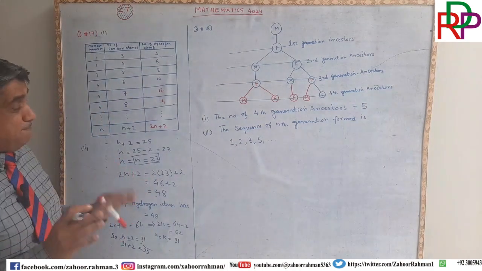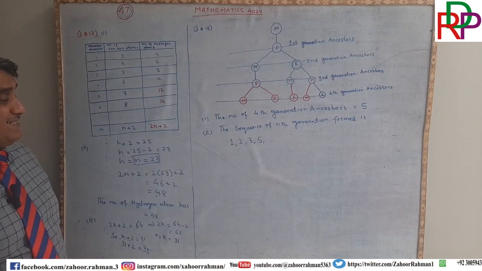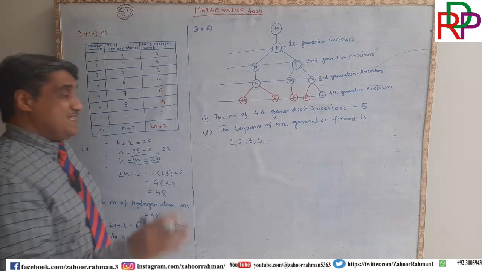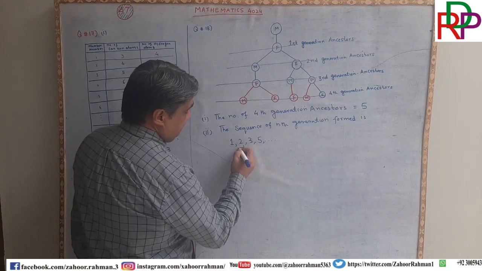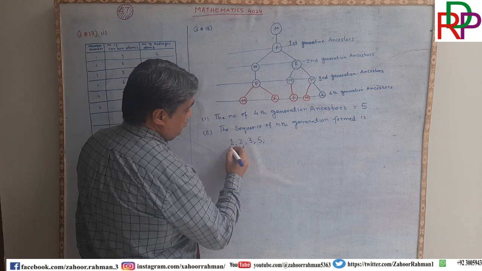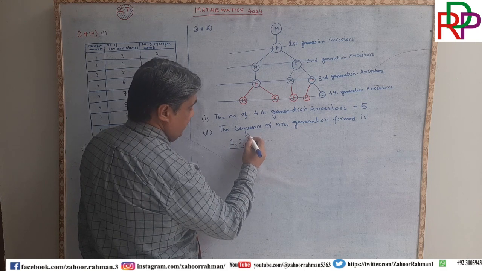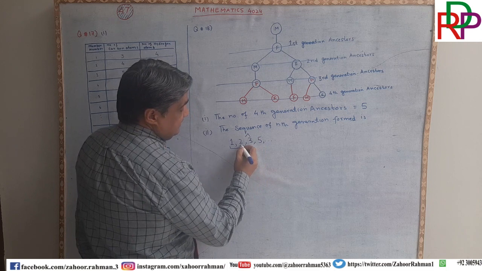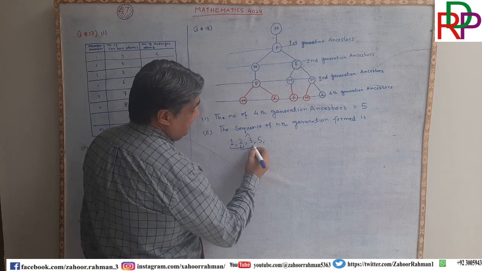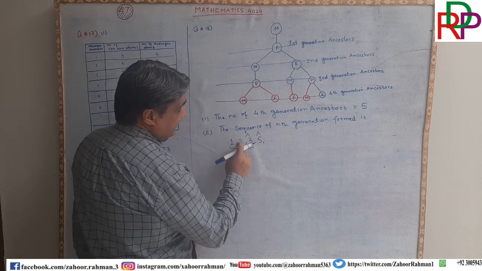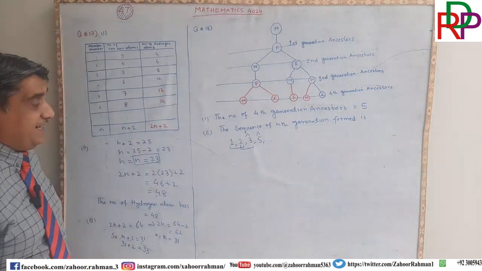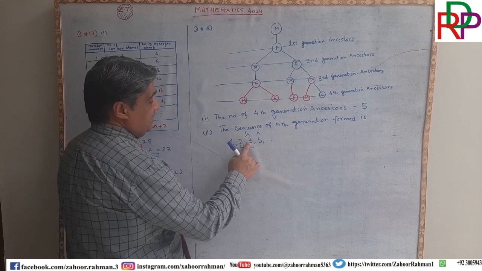So what is special thing inside this? The special thing is that the sum of the previous two is the third one. 1 and 2, when added, they will give you 3.